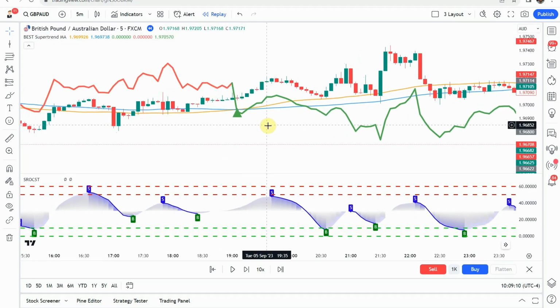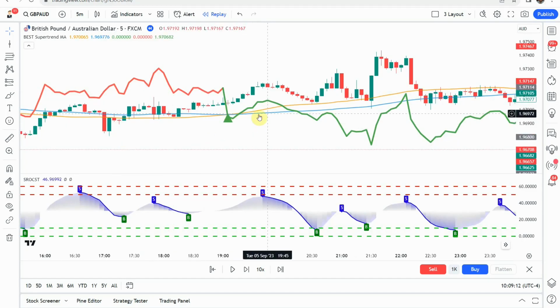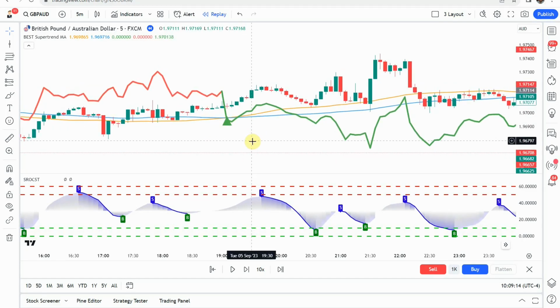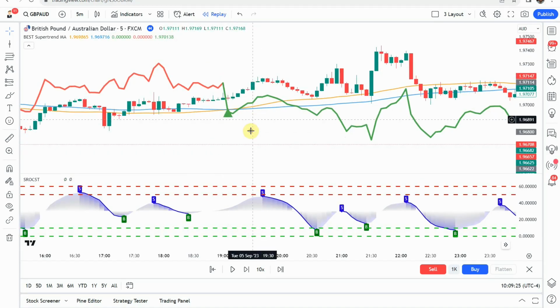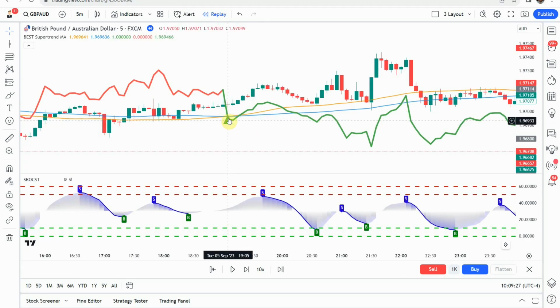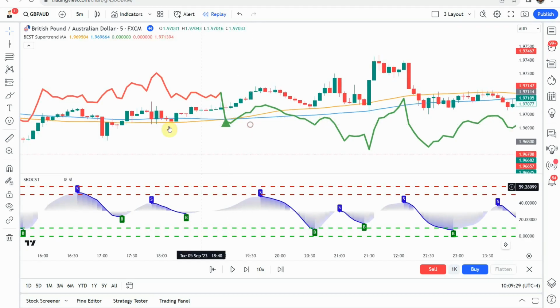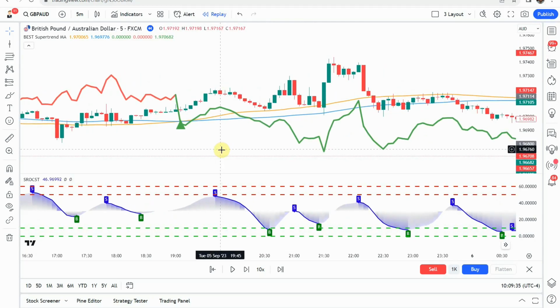So the setup on this is we are looking for, first and foremost, the super trend indicator to give us a green arrow or a red arrow. That's going to tell us whether we're going long or short. So obviously a green is long, and a short is going to be a red arrow. Once we get the red arrow like this here, we're then going to look down at the Kelman stochastic down here at the bottom of the screen.